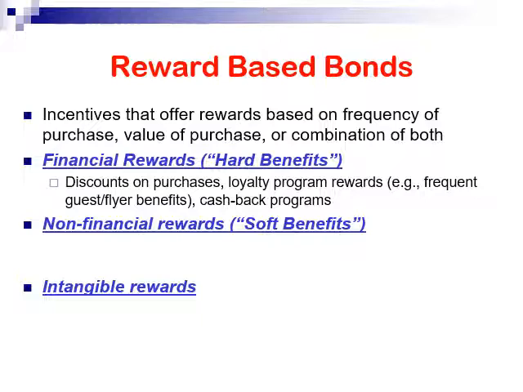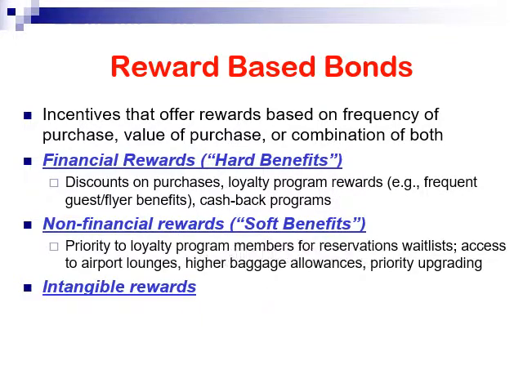Second, non-financial rewards. For example, priority for loyalty program members for reservation wait lists, access to airport lounges, higher baggage allowance, room upgrades. Those are typical examples of non-financial reward, but still a very important benefit. We call them soft benefit.